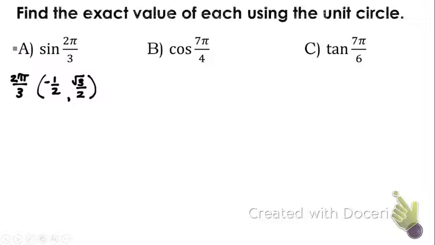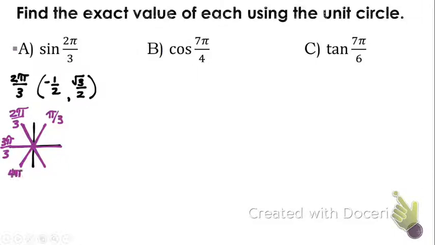For those of you that are still struggling with the radians, here's how I do my over 3s, and we'll talk about the over 4s in a minute. My over 3s, I'm taking the top half and cutting it into 3 parts. So here's 1, here's 2, there's 3. So pi over 3, 2 pi over 3. This would be 3 pi over 3, which just reduces down to pi. And then I take the bottom half and I cut it into 3 parts. But I keep counting 1 pi over 3, 2 pi over 3, 3 pi over 3.